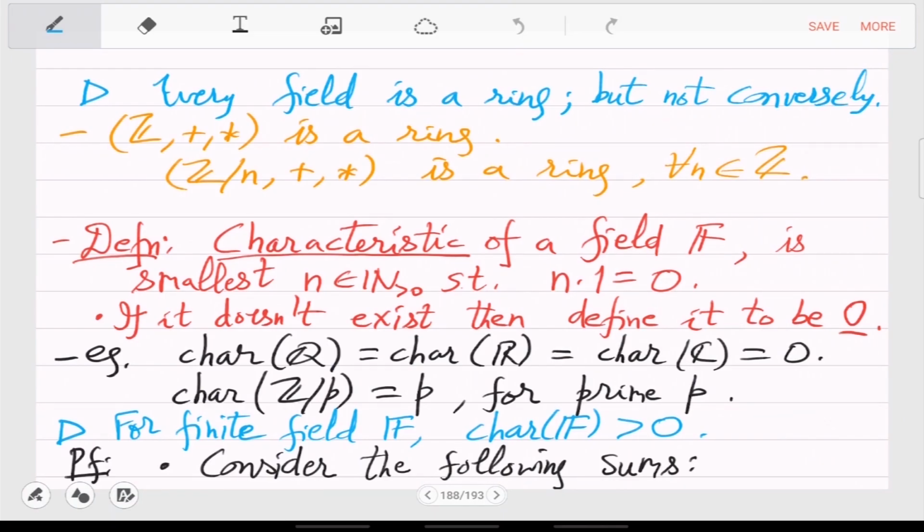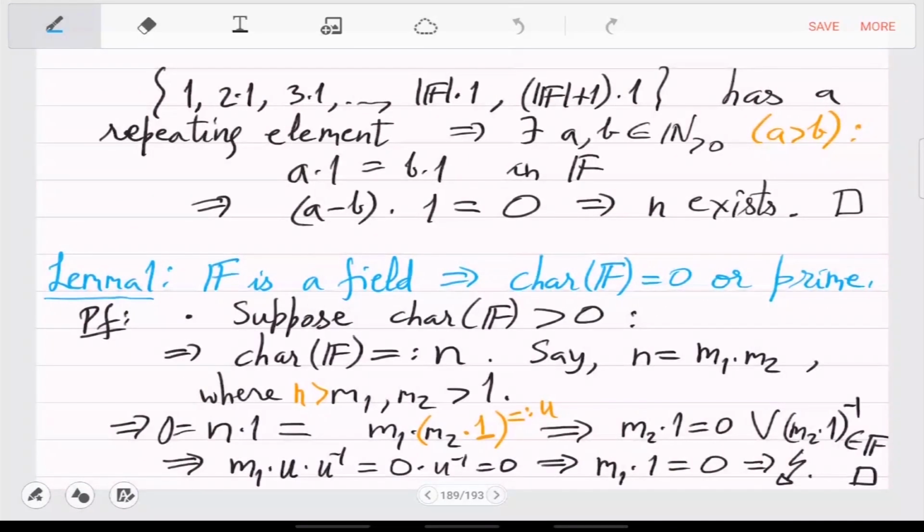If that doesn't exist, then we call that to be 0, which is the case in usual fields, but for prime fields, it's a prime number, the same as this modulus p. We showed that for a finite field, it's always prime, and for infinite fields, it may be either a prime or it may be 0. Okay, those are the characterization results.